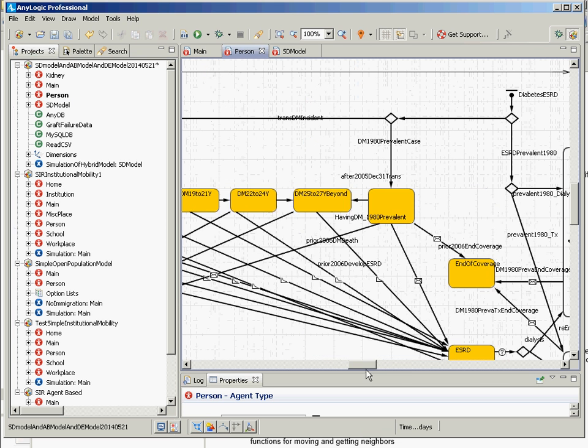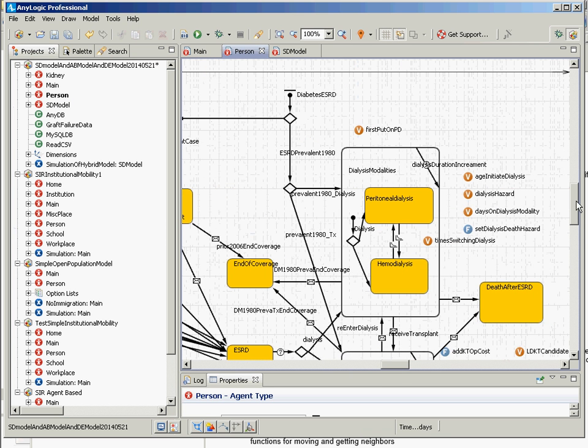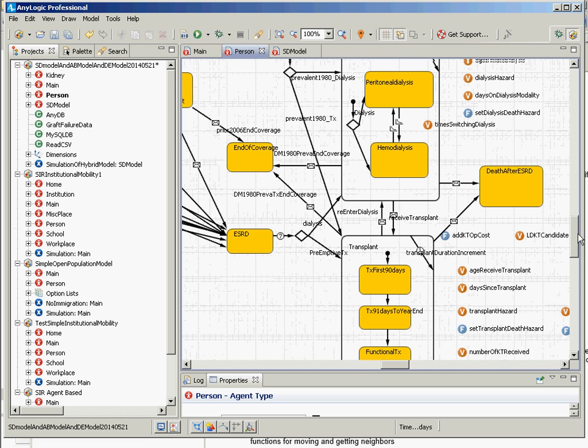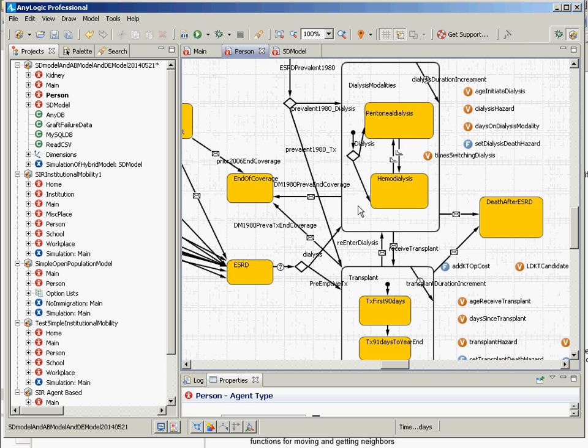However, there's an aspect of their interactions that is captured with a discrete event model while they are in this state. While they're in this state of being diabetic, their interactions with the healthcare system are dictated by this.